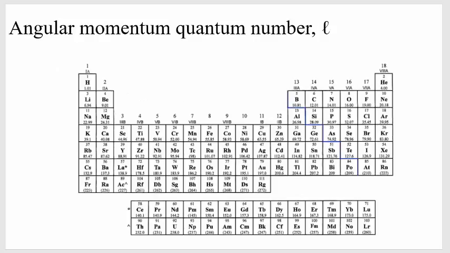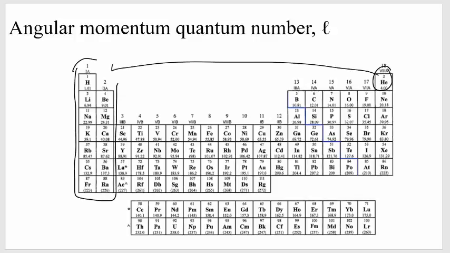So let's go through these on the periodic table. For this area and helium, this section of the main group elements, they all have the same L value, and that L value is 0.